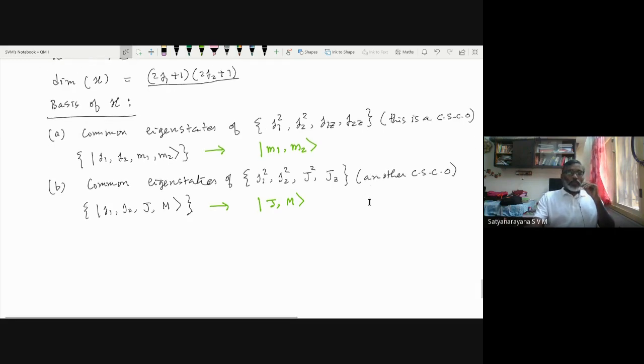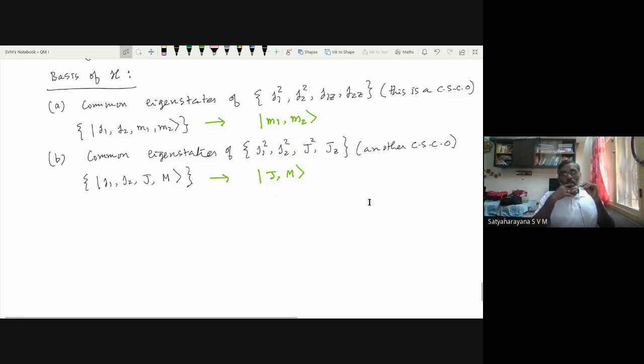We could have chosen to work with any one of these bases.